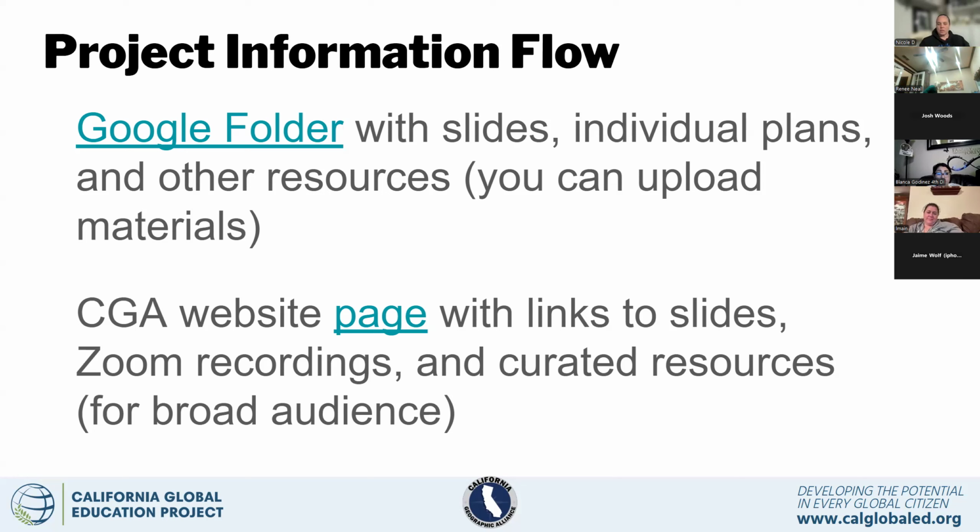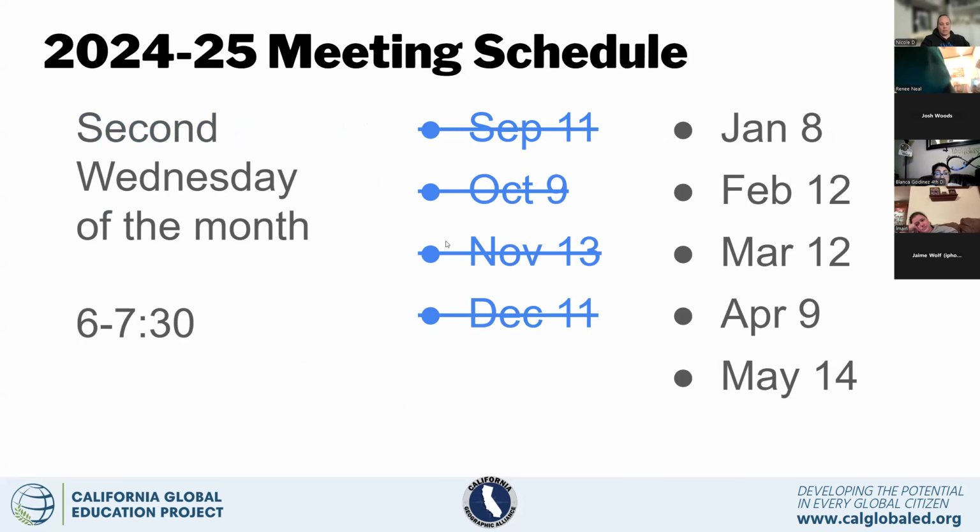Okay. So we're just going to have a pretty mild agenda tonight. I think we're all stretched a little bit thin as the end of 2024 comes upon us, so we don't need to do too much more. I will say that despite the Google Calendar going a little crazy, we're sticking to this slide that I shared before, which is the dates we set at the beginning of the school year.